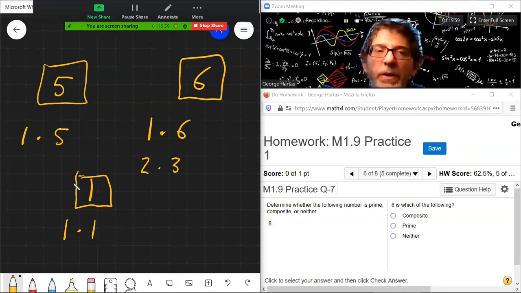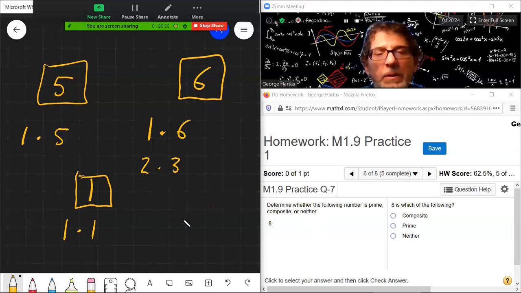So that's part of the definition. So the factors have to be different. 1 times that number, of course they're going to be different, but not in the case where the 1 is involved. So that's why we say 1 is neither prime nor composite. It's that special case. All right, so get to know these concepts.